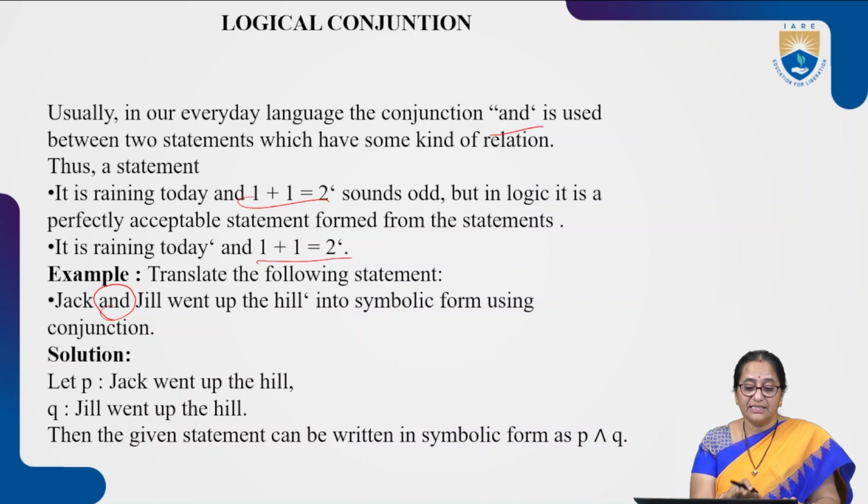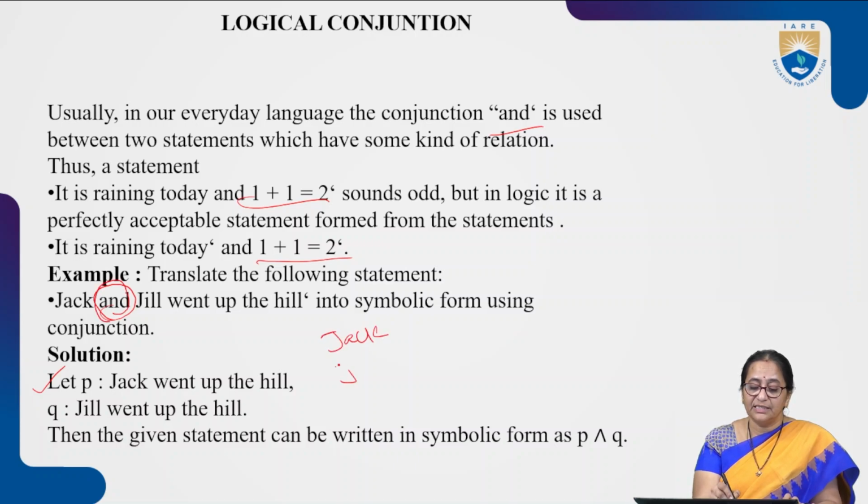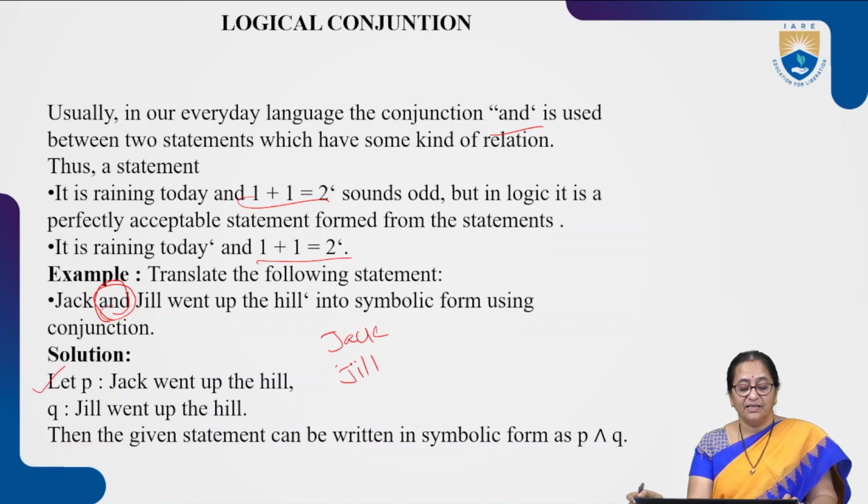The solution for this problem is, we need to declare two statements, P and Q. The P statement is Jock went up the hill, and Q is Jill also went up the hill. Here we have two persons, and these two went up the hill. By combining these two, we have one sentence: Jock went up the hill, Jill went up the hill. So by combining them, we can say that Jock and Jill went up the hill.